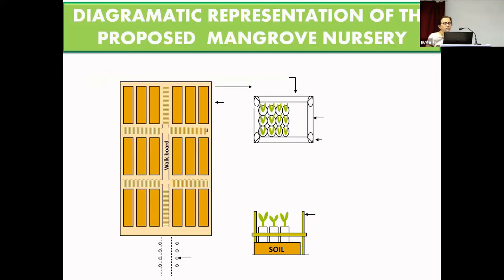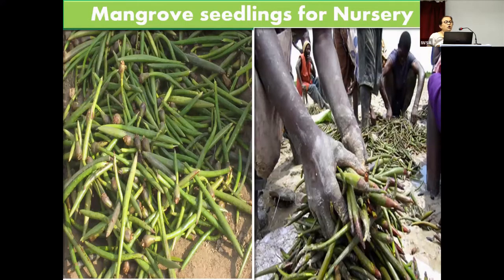This is the proposed mangrove nursery plan, where you can see there is a walkboard and the plates have been made, and the side figure shows the soil and the propagules, how to keep these propagules along with the soil. This is not from India, this is from Malaysia.